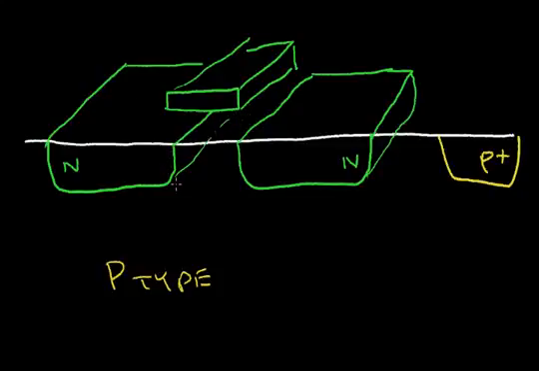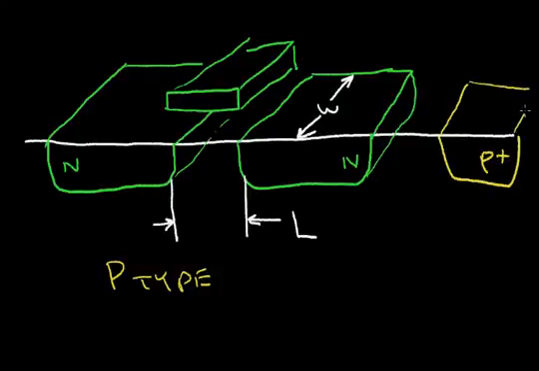Now this region under the gate electrode is a region where the channel is going to form. We call this distance here the channel length, or L. Now the channel width is this other dimension. So this would be the width of the transistor, W. And this P diffusion region will also extend in the third dimension.